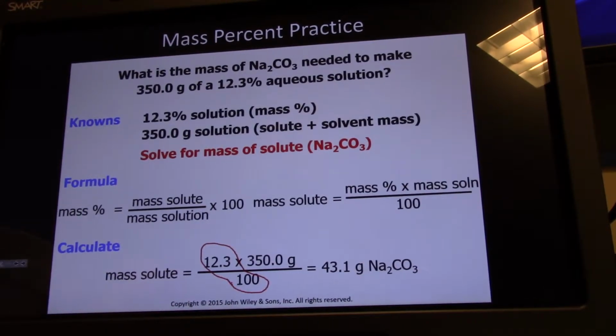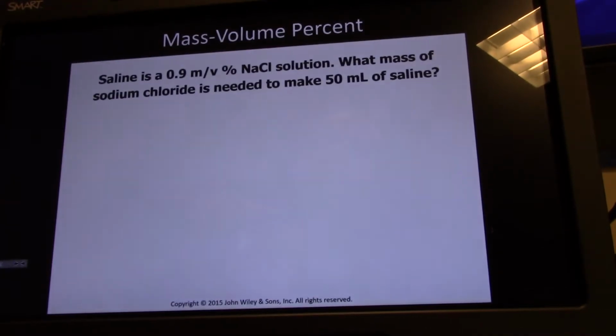Because remember, 50% of a pie is half of a pie is 0.5 of a pie. So 50% of an apple pie is 0.5 of an apple pie. You divide it by 100 to get the decimal. Likewise, 12.3% divided by 100 to get the decimal, 0.123 times 350 grams. I would need 43.1 grams of sodium carbonate.